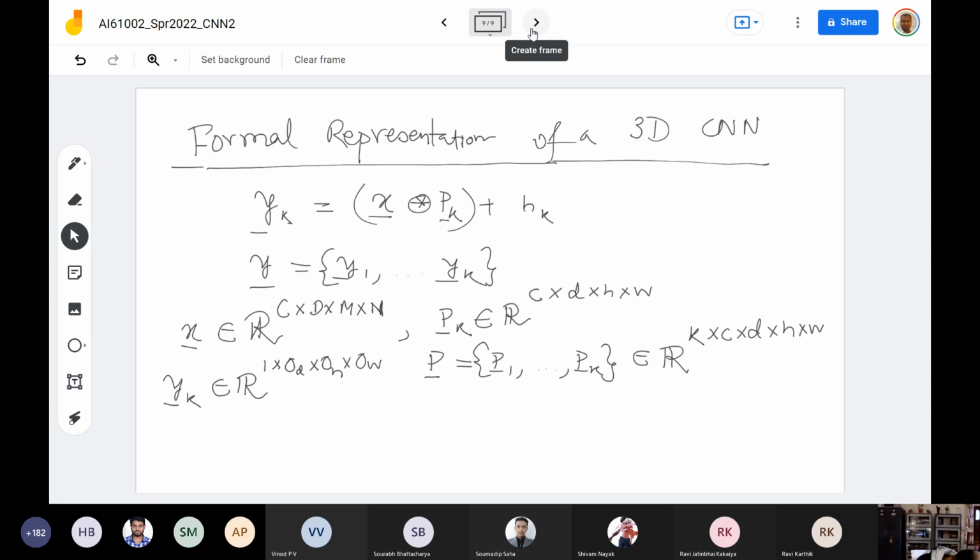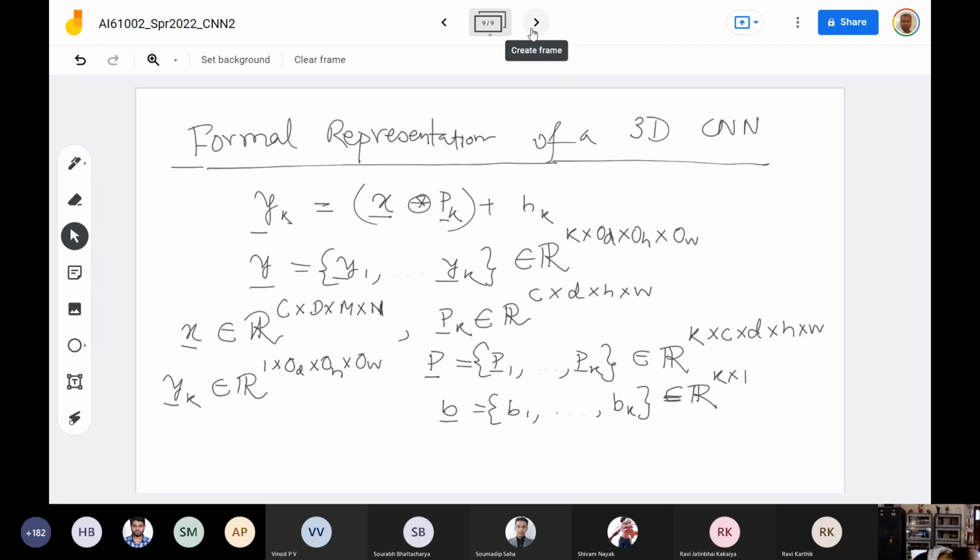So this y over here belongs to R power of K cross OD cross OH cross OW. Now your bias is still going to be the same. So B is equal to the concatenation of B1 up to BK, which belongs to R power of K cross 1.